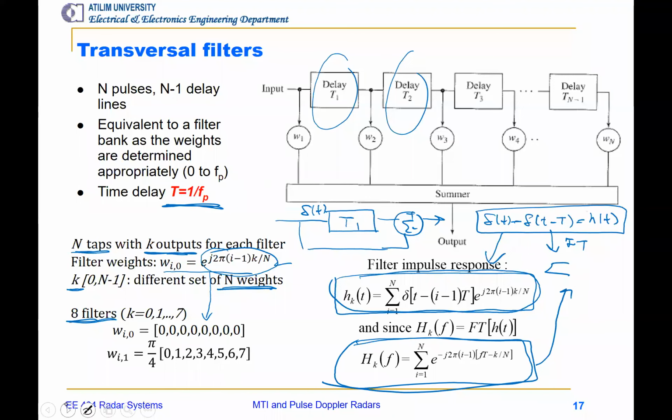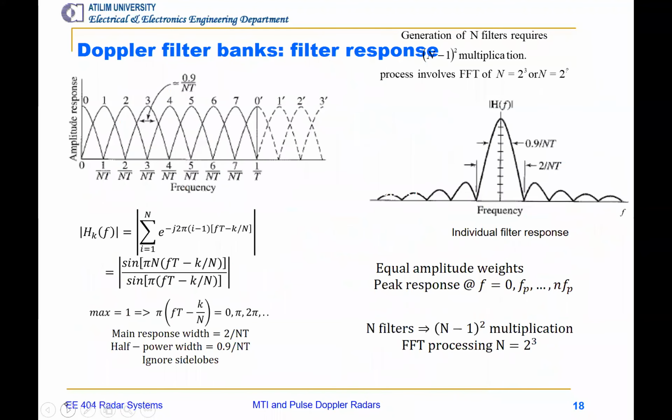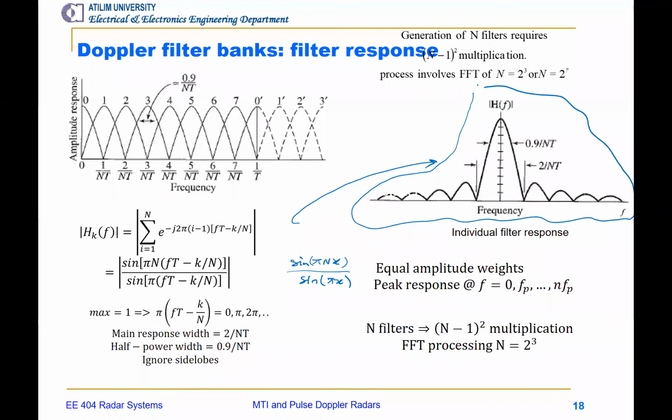Once we get its magnitude, we see that it's going to be sine(pi n x) divided by sine(pi x), in this form. So if we plot this, we'll see a sinc-type transfer function.